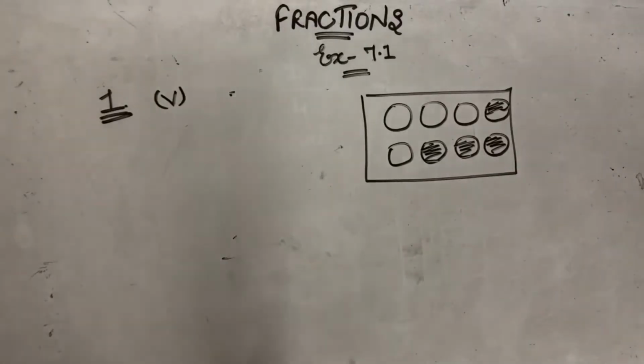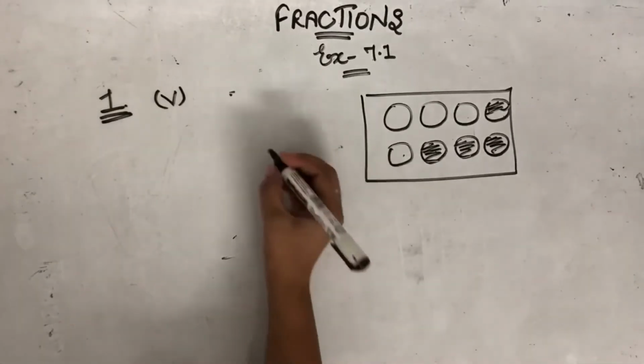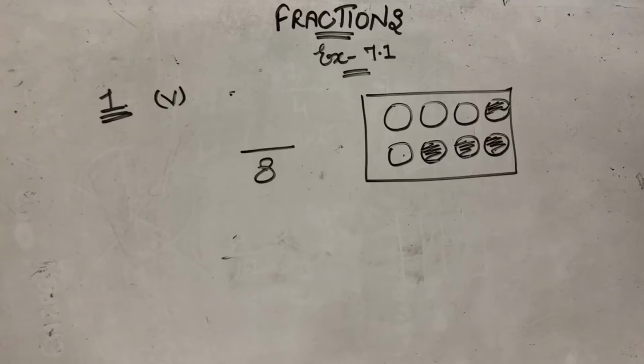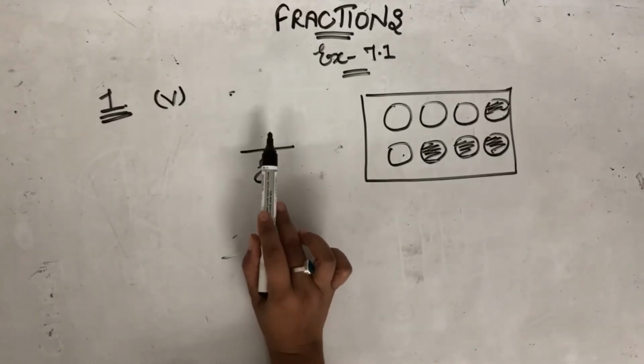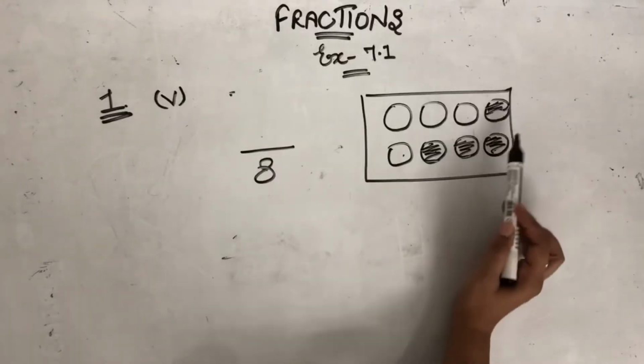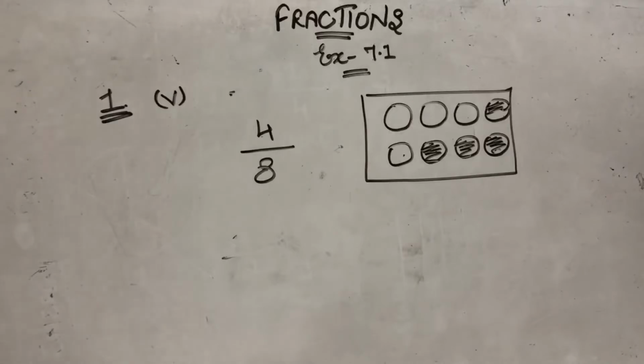So, how will you write this fraction? Total number 1, 2, 3, 4, 5, 6, 7, 8. You have to write total number of parts, and in numerator you will write the number of shaded parts. 1, 2, 3, 4. So here you will write 4. So this is 4 by 8.